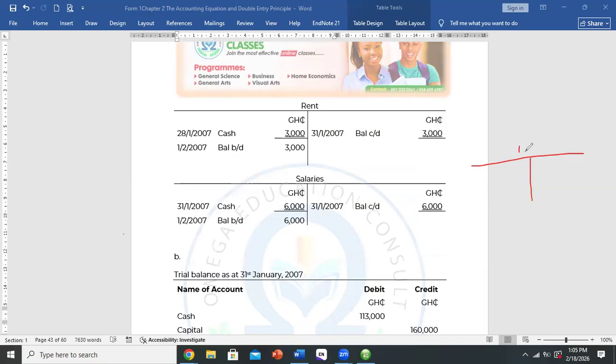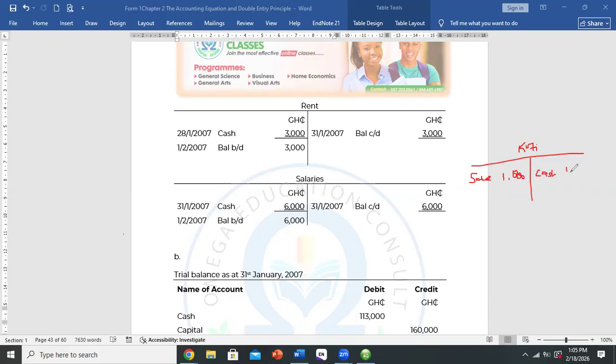And then we sold goods to Kofi 1,000. If we sell goods to Kofi, we debit him, right? So sales 1,000 like this. And then maybe the next date, Kofi paid cash. If Kofi pays cash, we'll credit Kofi, then we'll debit cash. So Kofi paid the cash 1,000.